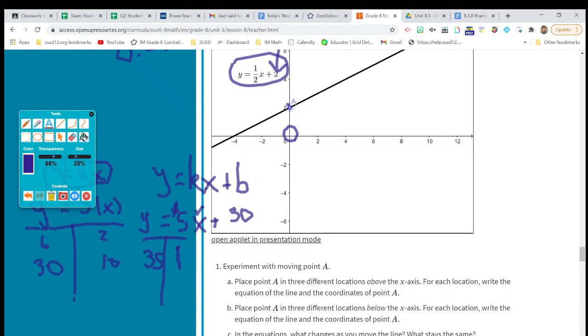X equals 1, so you plug in 1. 1 times 5 is 5, plus $30, so y equals $35. When x equals, say, 5 hours of work, then you have 5 times 5, $25 earned, plus your original $30, so you would have $55. You are very familiar with equations of this form.